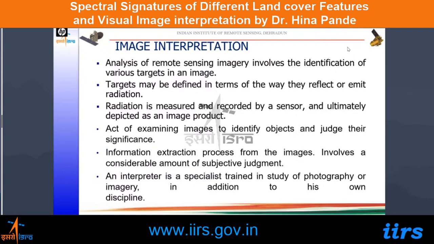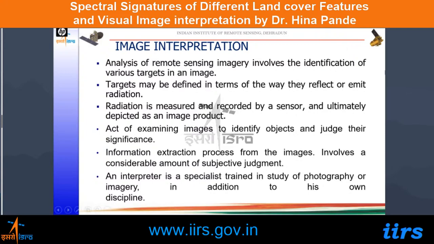image or a photograph. So to summarize, we can say that the act of examining images to identify objects or to judge their significance and see the relationship that they have with surrounding features, how surrounding features affect. So this would be an information extraction process from the images.